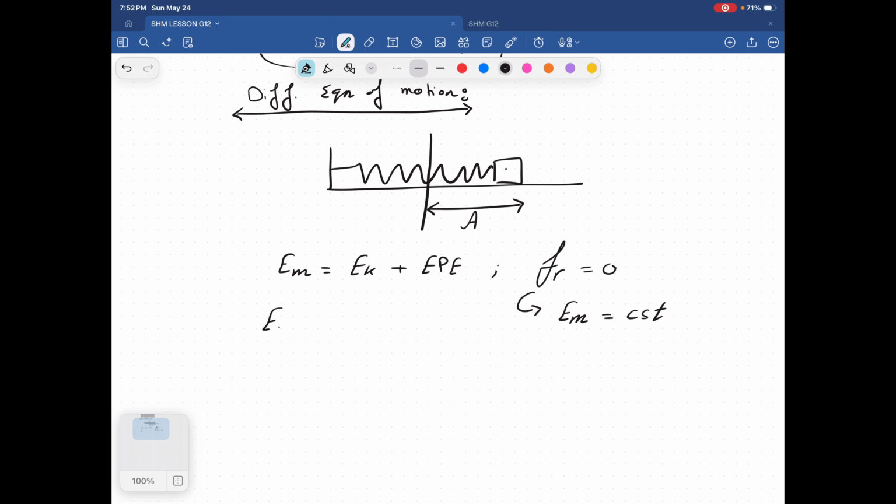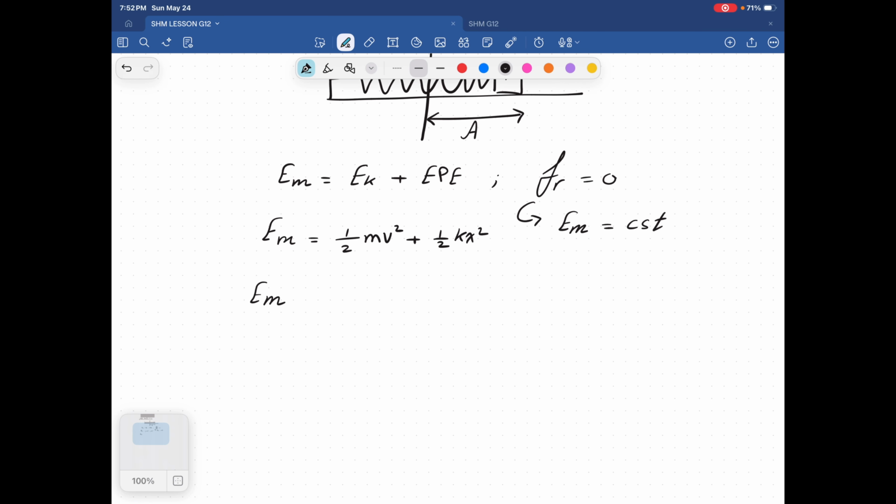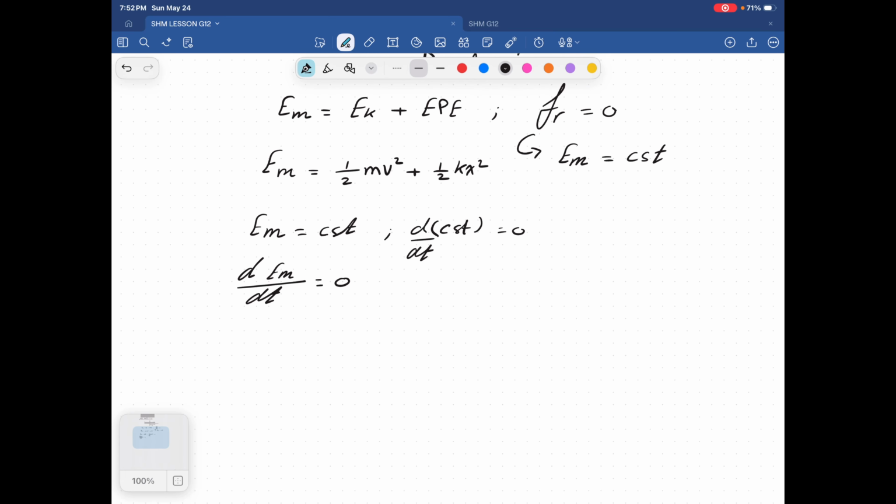We can now say that the mechanical energy is equal to half mv squared plus half kx squared. However, since the mechanical energy is a constant, we can safely say that the derivative of the mechanical energy with respect to time is equal to 0, since the derivative of a constant is equal to 0. And so we can differentiate the full formula and have it equal to 0.